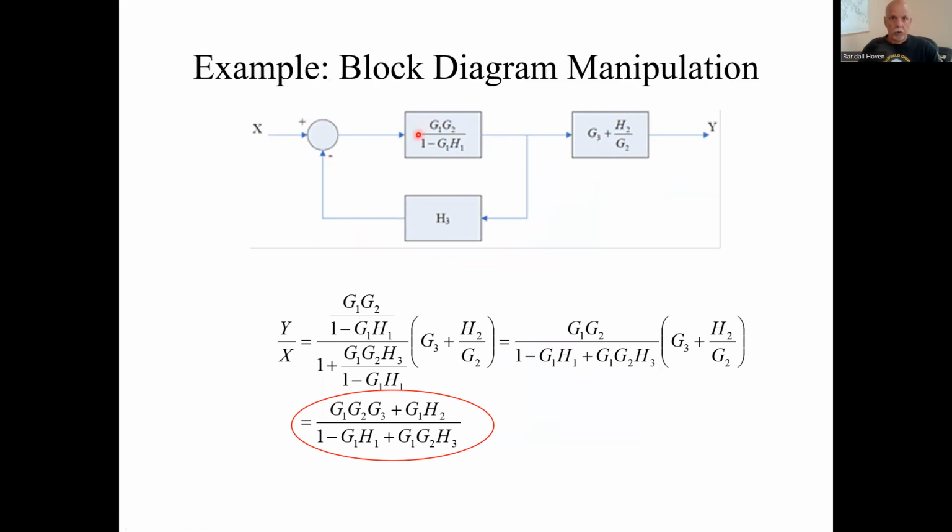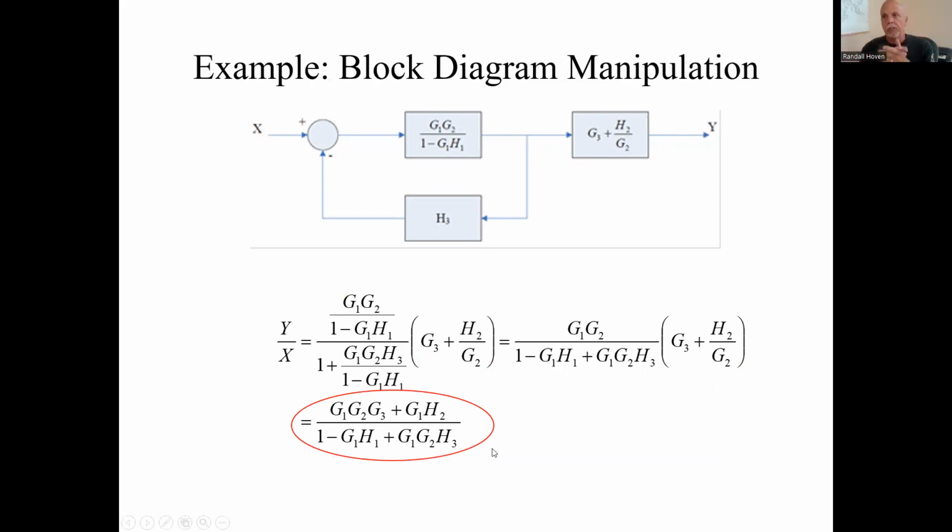So this plays the role of G. This plays the role of H. You have a G over 1 plus GH. This inner loop is in series with this guy, so those two things get multiplied. Simplify it out a little bit, and here is the overall transfer function from input X to output Y.